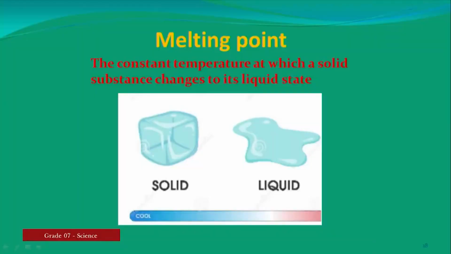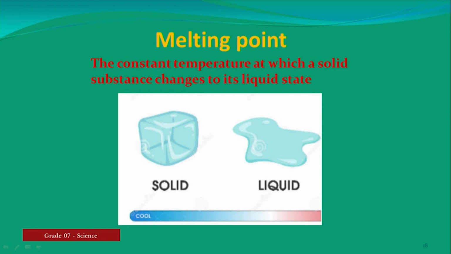The ice cube stays solid as long as it is kept in the fridge in a cooler condition. Can you see this blue color in that lower strip? Now, when you keep it out in the room, the temperature is much higher, so it absorbs heat and turns into a liquid.